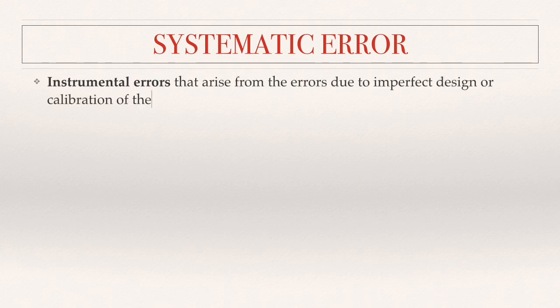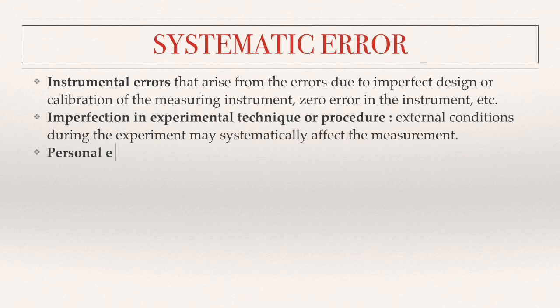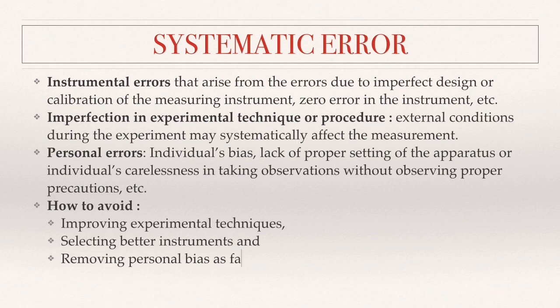When we talk about systematic error, the error due to instruments, the error due to imperfection in experimental technique, and some personal errors are actually categorized into systematic error. In instrument errors, the best example is zero error in a vernier caliper. Sometimes due to manufacturing defects, there will be some errors.